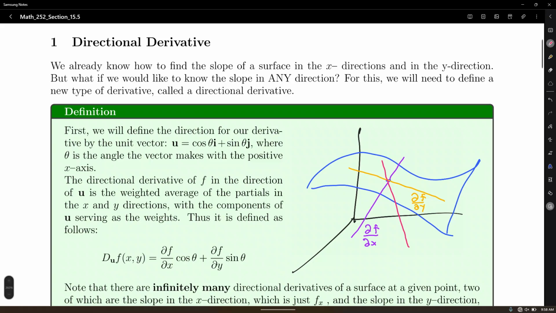So we need a new way to differentiate this function to give us such a slope, because if we move in this direction, for instance, or in that other direction, which is no longer in the x direction or the y direction, that means what are we doing? We are twisting that tangent line, right?